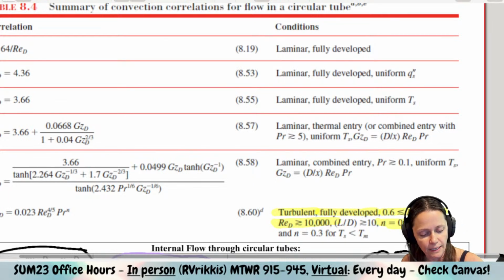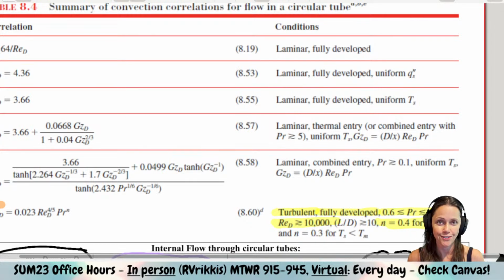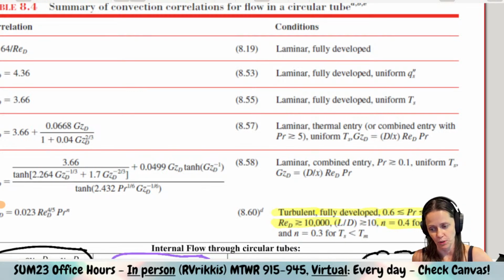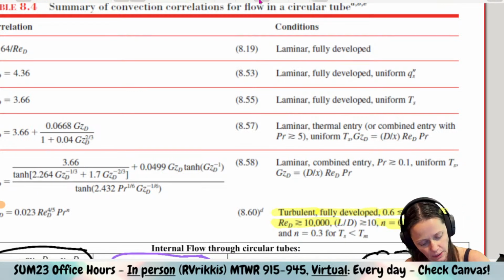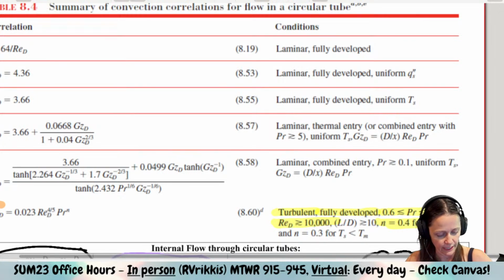Now, one thing that might jump out at you is the fact that there's no bar over this. And this is something that I am actually going to put on your equation sheet, right here, after class tonight.